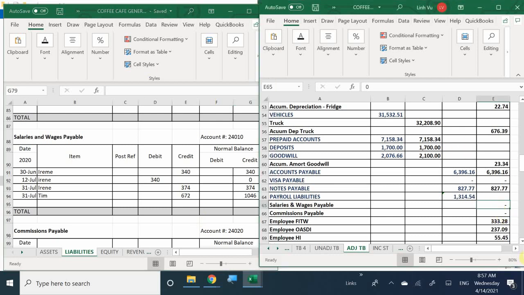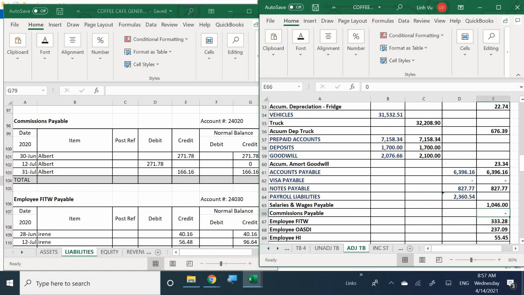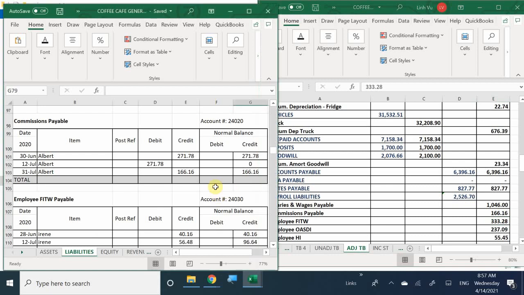We had to accrue for both Irene and Tim. Okay. What else did we complete here? We also had to do commissions for Albert. So how much do we owe him? Okay. 166.16.